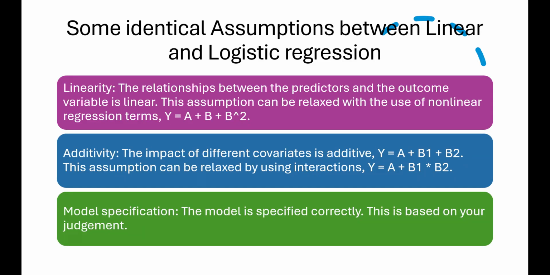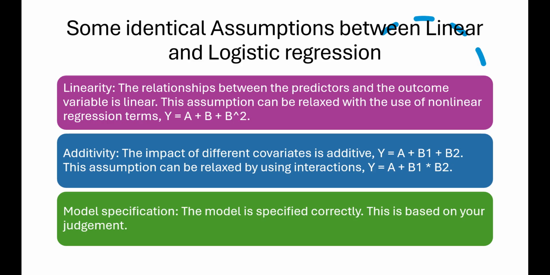And we have some identical assumptions between linear and logistic regression. They each have different assumptions. With linear regression, or ordinary least squares regression, we have more assumptions, but here are three that overlap between linear and logistic regression. The first is linearity.